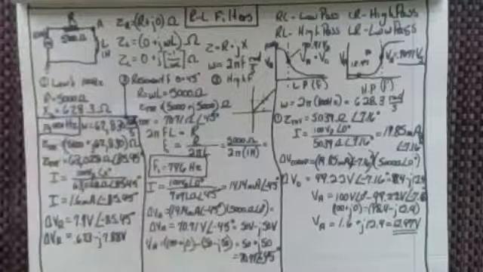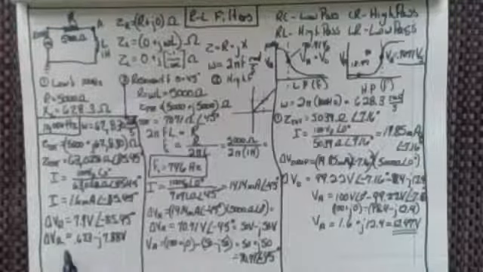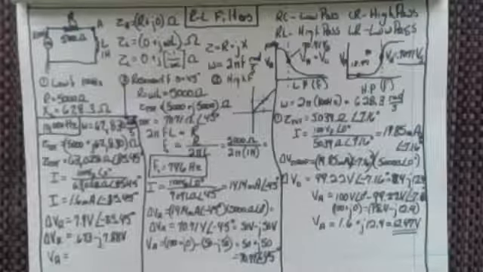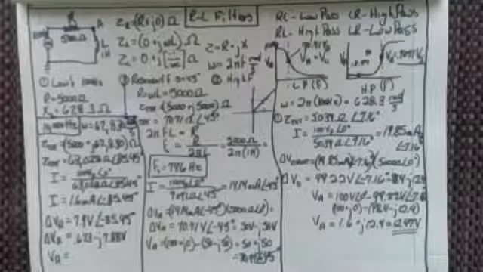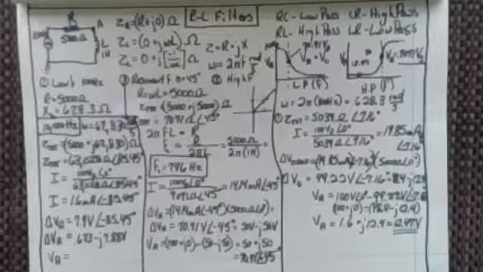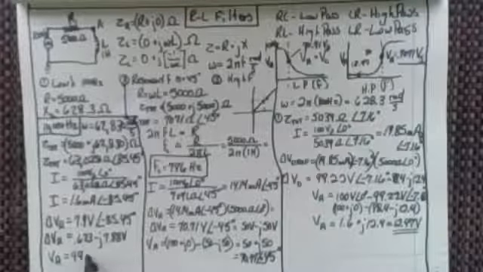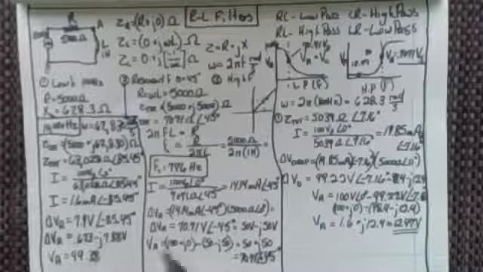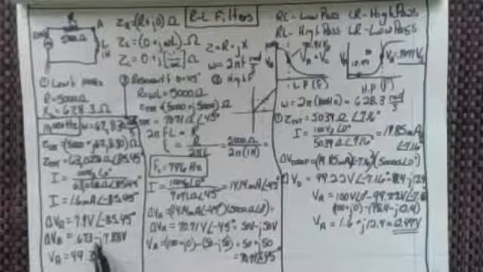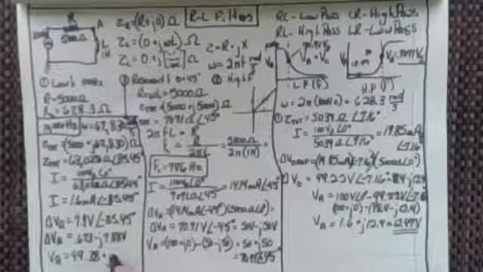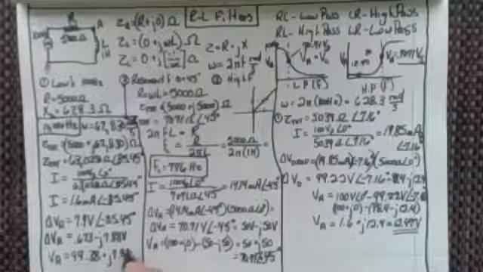So if I have 100 minus that, the voltage at A then is going to be 100 minus 0.623, and that's 99.38. And then 0 minus a minus is going to give me plus 7.88 volts.